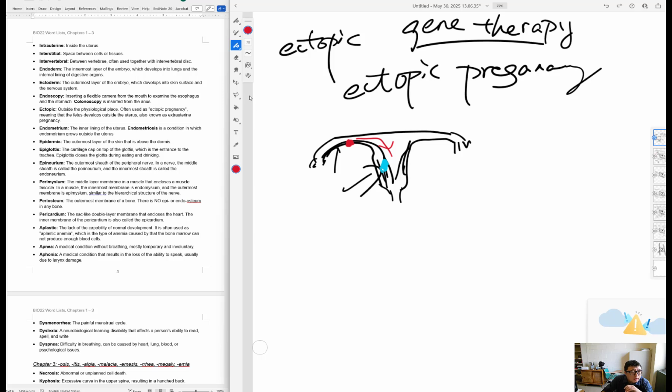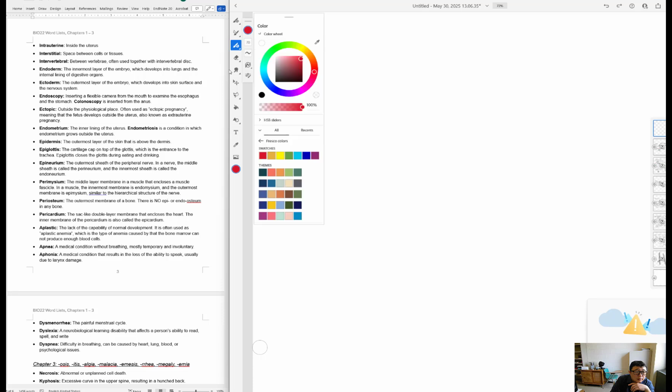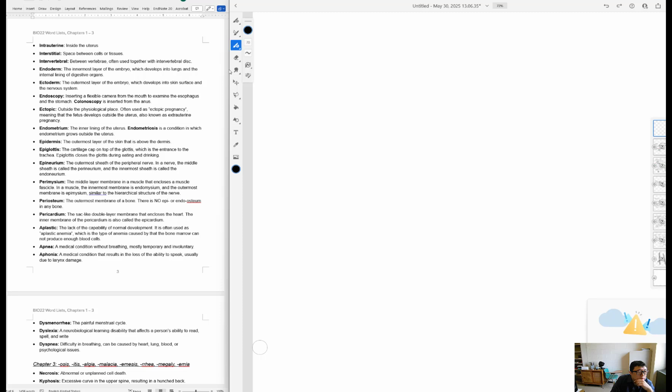Now we see a new prefix, epi. So epidermis. Dermis means the skin. Epi means above, above the skin.